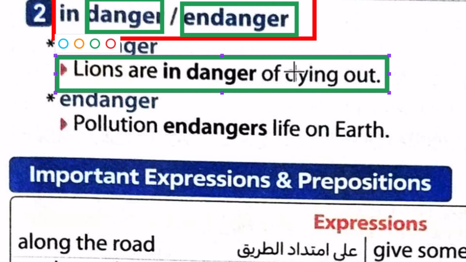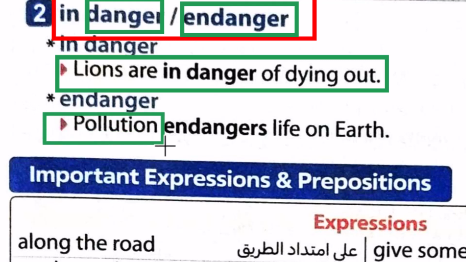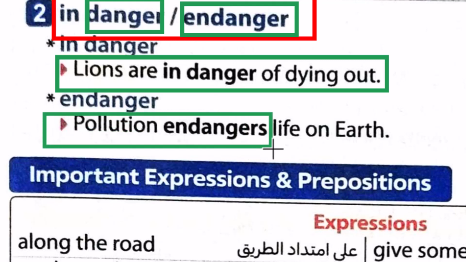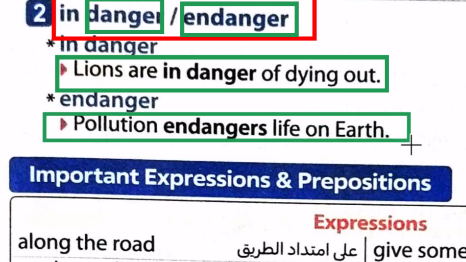But when we use endanger, the second word, as we said, is a verb. And we knew that any sentence begins with a subject, a verb, and a complement. So pollution is the subject, endanger is a verb, life on earth is a complement.